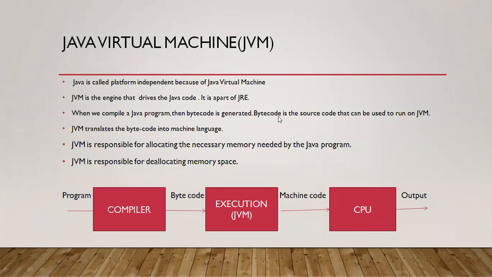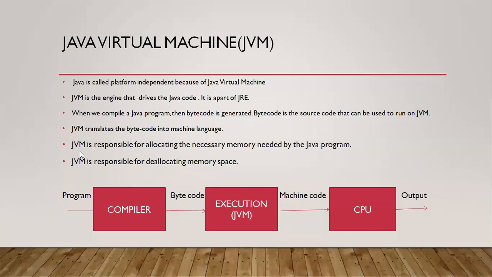And next, bytecode is the source code that can be used to run on the JVM. For the JVM, what are we sending? Bytecode. That is the third point. Next, the fourth one: JVM translates the bytecode into machine language. That is the fourth point.